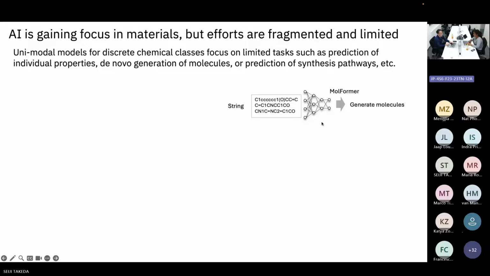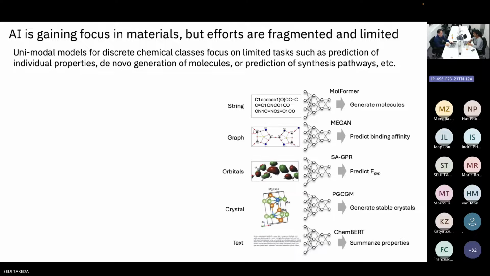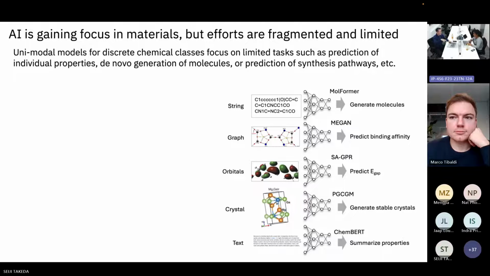But this model will be used only for generating new molecules. Another researcher would create another model which is pre-trained with molecular graph data extracted from another material domain, which can be used only for predicting binding affinity with a specific target protein. And some other researchers create another model like this, but each model is fully decoupled from the others.